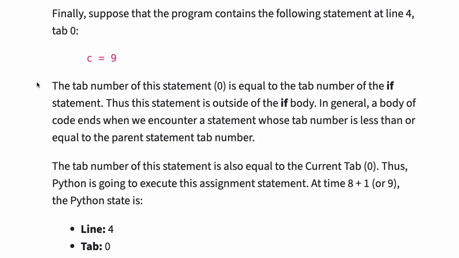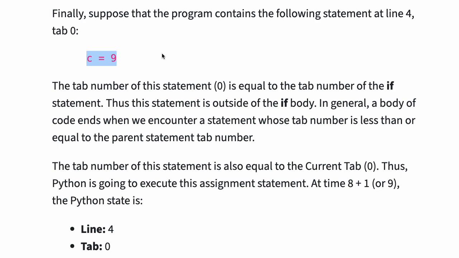Finally, suppose that the program contains the following statement at line 4, tab 0, c is equal to 9. The tab number of this statement, 0, is equal to the tab number of the if statement. Thus, this statement is outside of the if body.